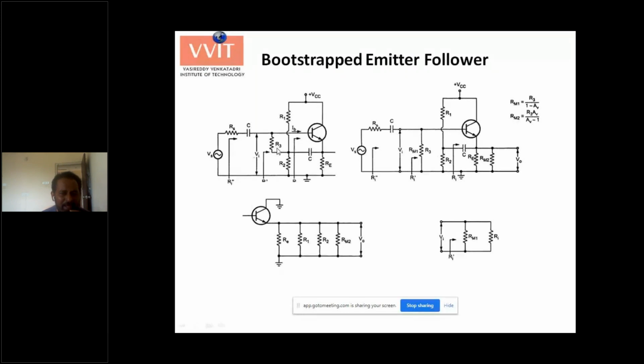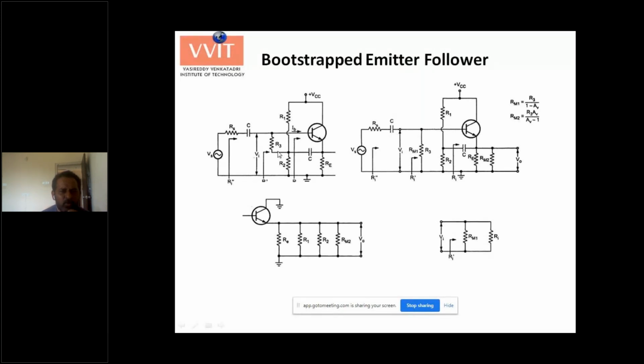Then we take a resistor R3 connected between the base and this node. This must be a large resistor. Now let us see what happens under DC conditions. Under DC conditions, the capacitor is essentially open.